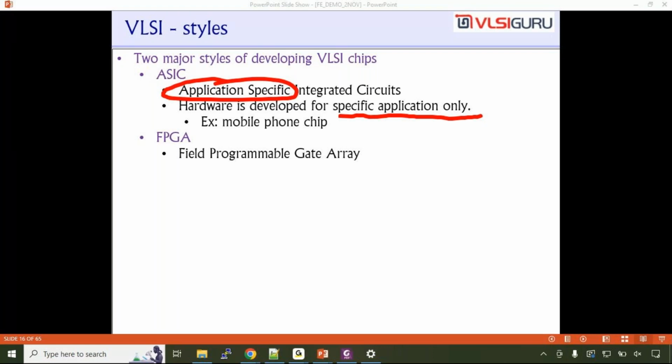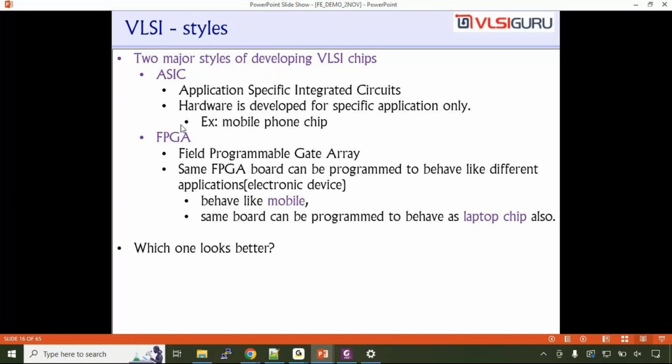The chip that they have developed is specific to mobile phone only. That chip cannot be used as laptop. That style of development is called ASIC. Second style is called FPGA, which stands for field programmable gate array. Same FPGA board can be programmed to behave like different applications.